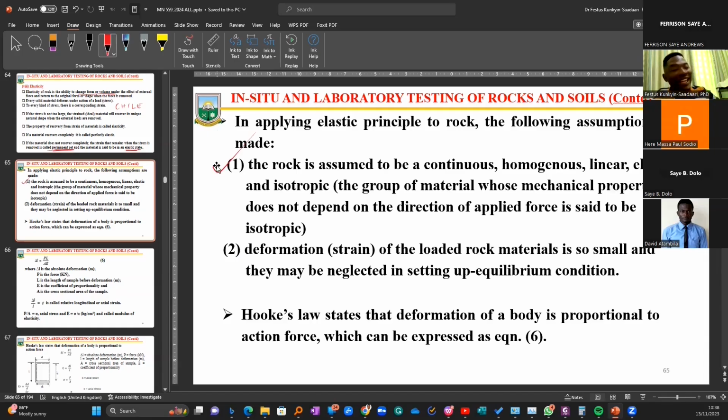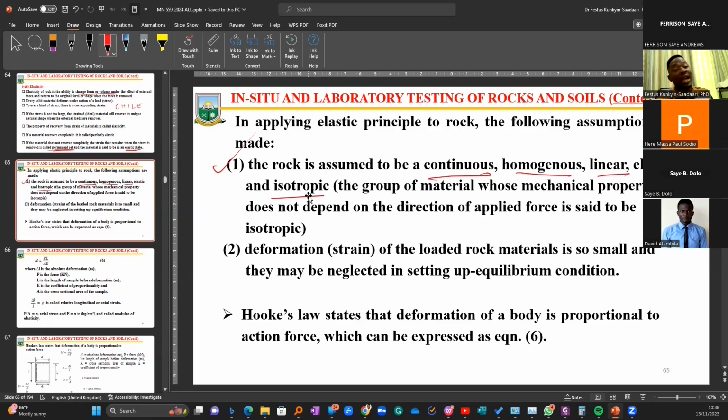That in applying the elastic principle, the following assumptions are made. The rock is assumed to be continuous, homogeneous, linear, and then elastic as well as isotropic.